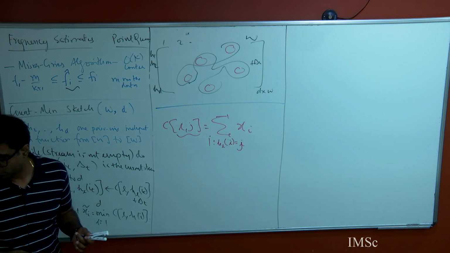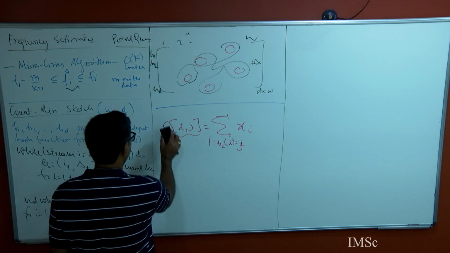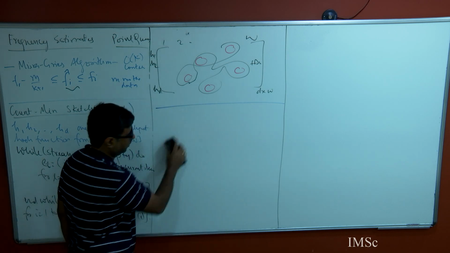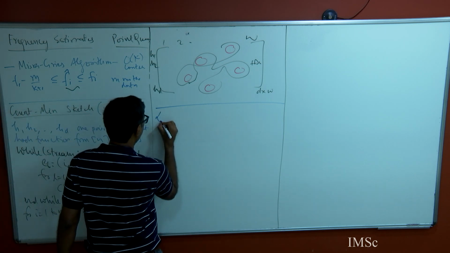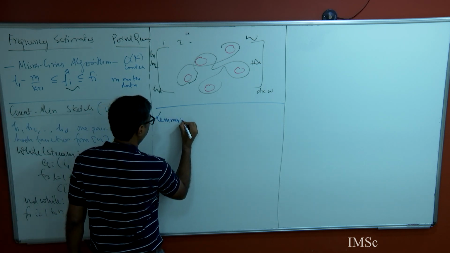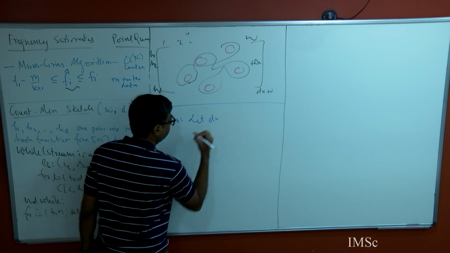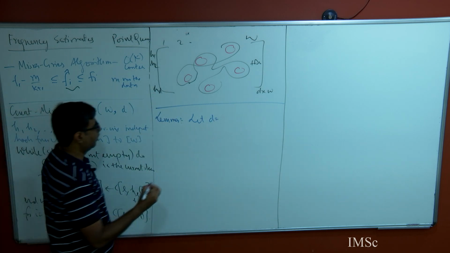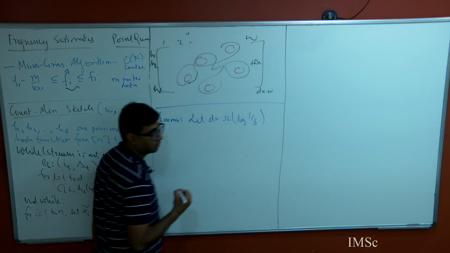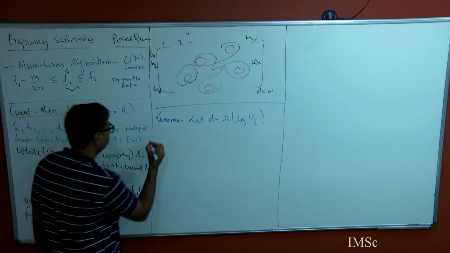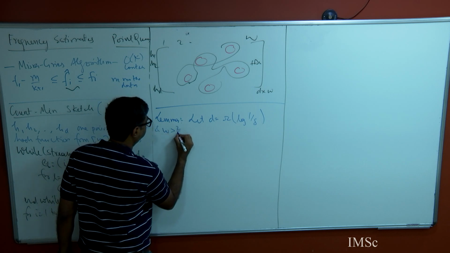So this is the lemma which we showed yesterday. Let's write it down, because we will apply that lemma in different settings. Let d equal omega of log 1 over delta, and w greater than 2 over epsilon.